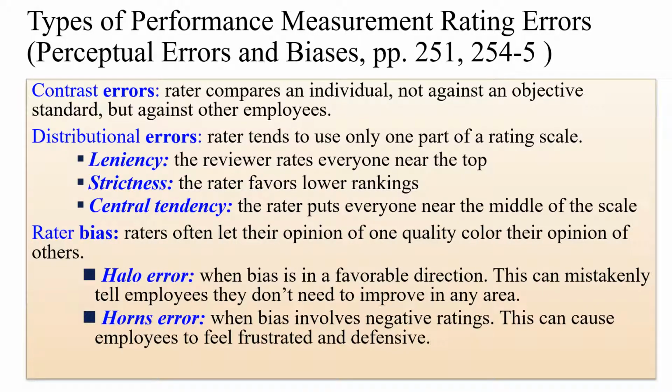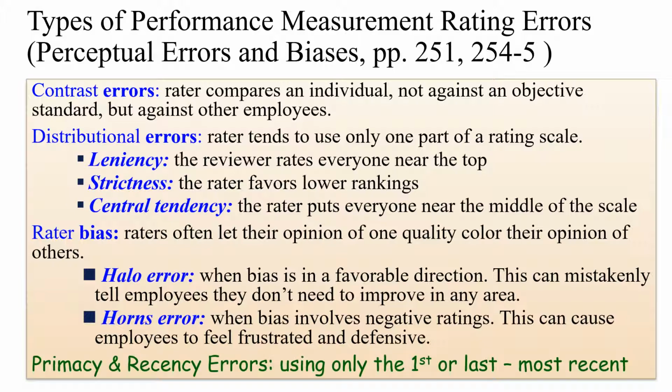Just like interviewing, performance management also has the types of performance measuring rating errors, perceptual errors that we discussed in Chapter 6: contrast errors, distribution errors, rater biases, and then of course the primacy and recency effects, where you remember the first thing about the employee, the last thing they did, but you don't remember the middle.